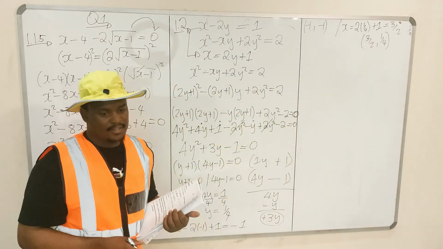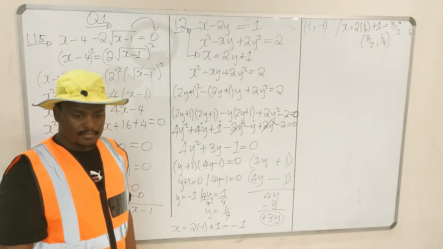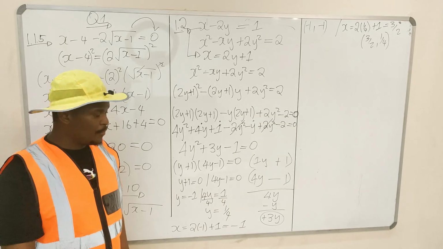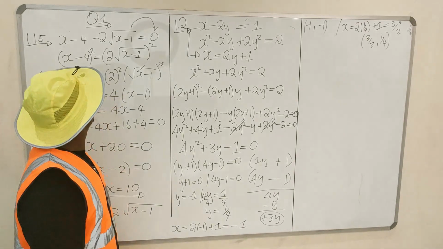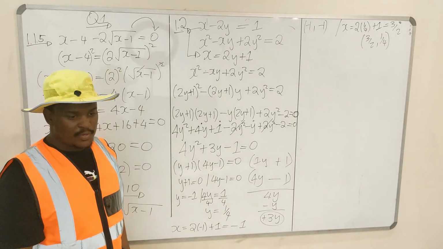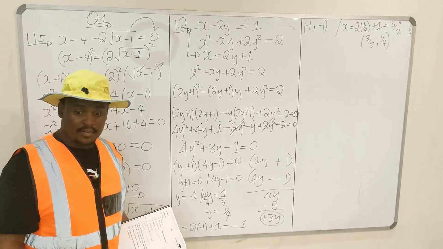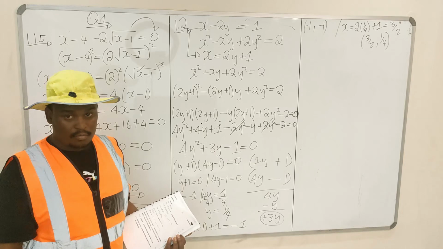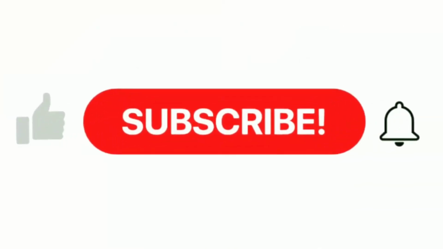Any questions? No question. So now we're left with question 1.3. I'll clean this board so that we have all the space we need in case 1.3 gives us problems.